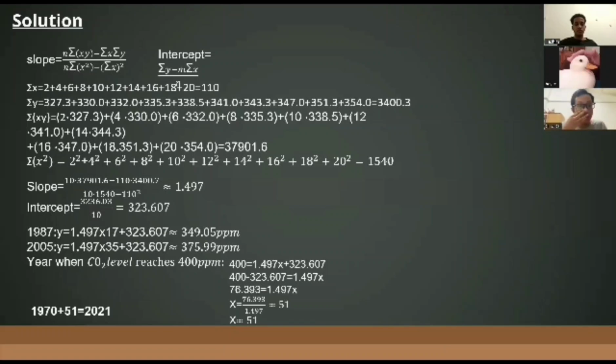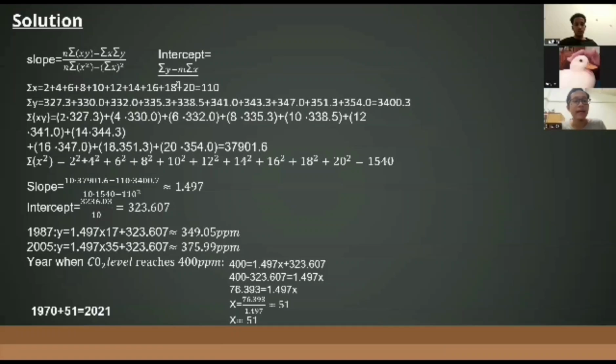To find sigma xy, it equals 2 times 327.3 plus 4 times 330.0 plus 6 times 332.0 plus 8 times 335.3 plus 10 times 338.5 plus 12 times 341.0 plus 14 times 334.3 plus 16 times 337.0 plus 18 times 351.3 plus 20 times 354.0, which equals 37,901.6.